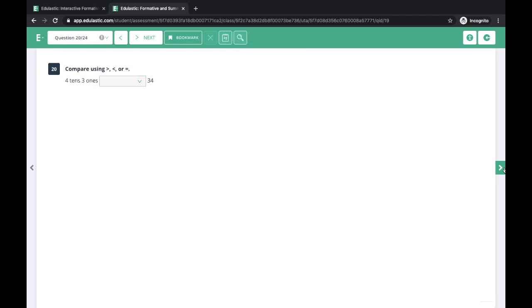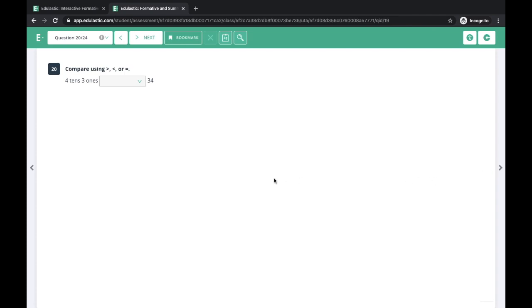4 tens and 3 ones is greater than, less than, or equal to 34. First, let's decide what number is 4 tens and 3 ones. We know that 4 tens and 3 ones is the same as 43. So we're comparing 43 to 34. Neither of our numbers have a hundreds place, so we're going to start by looking in our biggest place, which is going to be our tens.